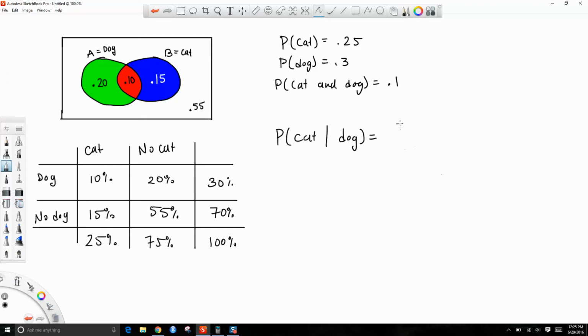This is basically if we know the person is a dog owner, already owns a dog, what is the probability the person also owns a cat?